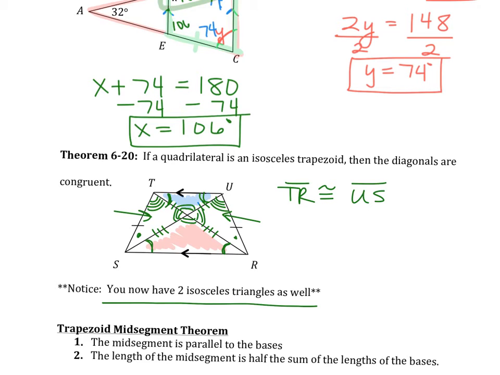Yeah? How are S, T, R, and S, U, R? So if this is truly an isosceles triangle, which it is, we said that, right? Then this angle, this whole thing, and this whole thing are the same, right? Oh, yeah. The big angle.